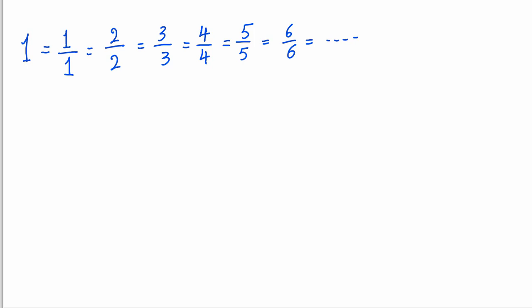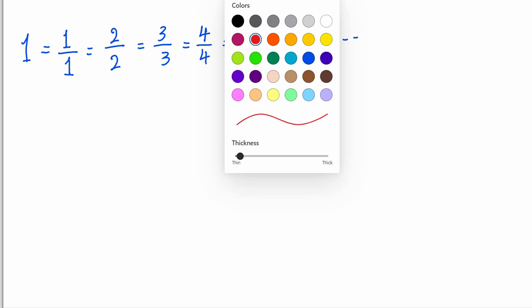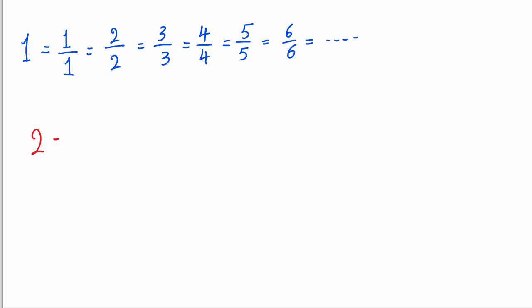Okay, let's write the whole 2. The whole 2 will start with 2 over 1, if we use the denominator 1. And here in this one, we can see the pattern that we are using: we are multiplying by 2 to get the numerator.